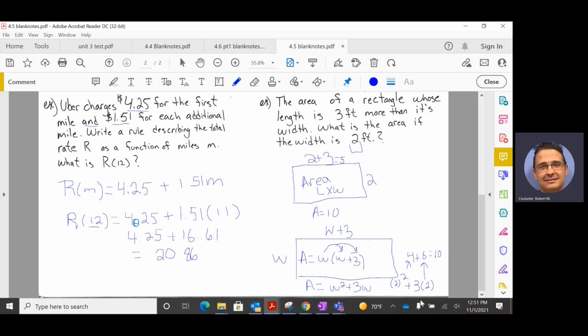There we go. We just proved our equation. So here is the algebraic equation that represents this when we have an unknown width. And if they give us a width like 2, we're able to substitute the 2 in and evaluate it.